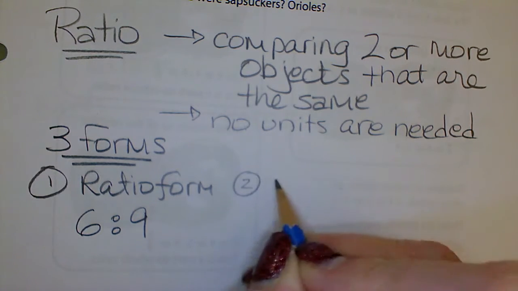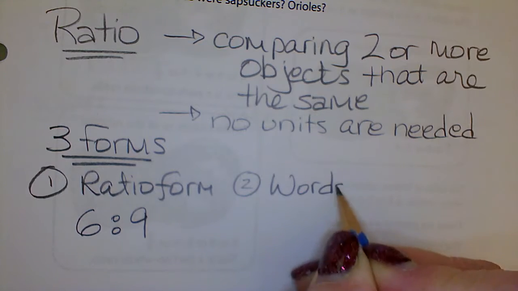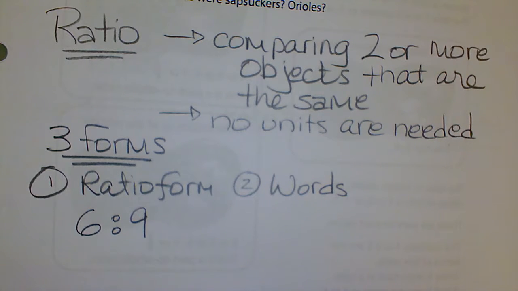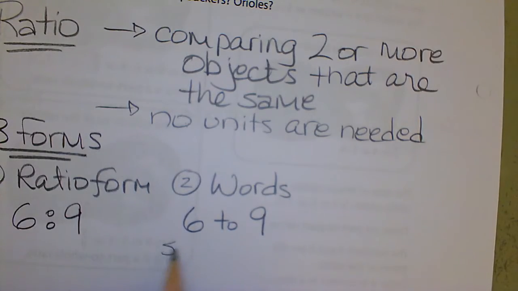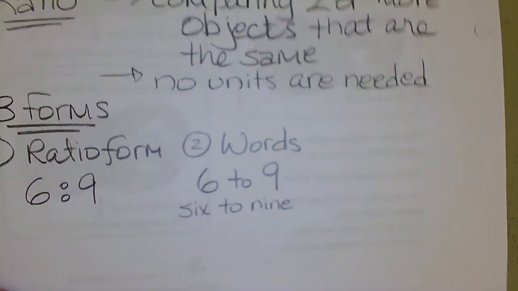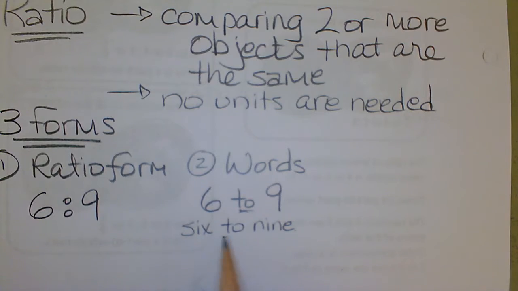I could write it also in words. This happens a lot in mathematics. You can do lots of things in words, but I would write 6 to 9. You could even go as far as writing it all out in words if you needed to. But the key thing is the 2.